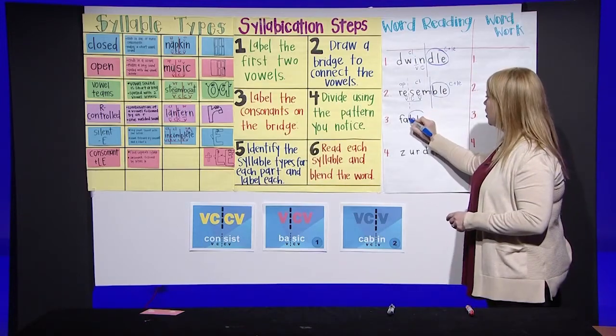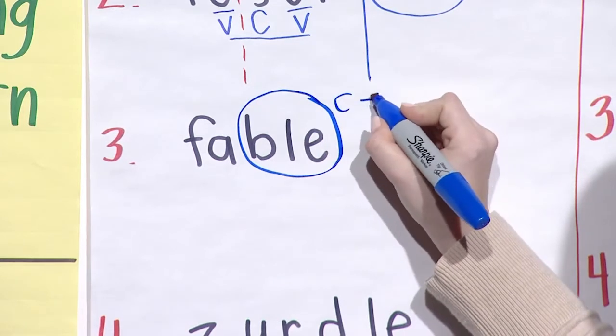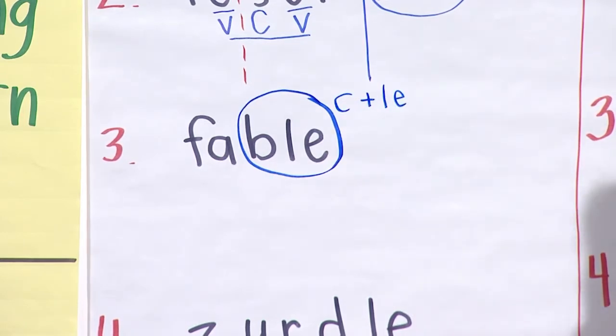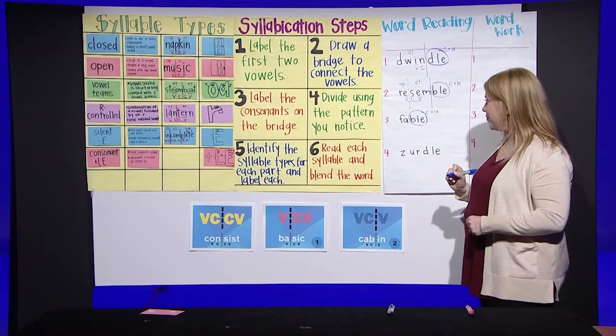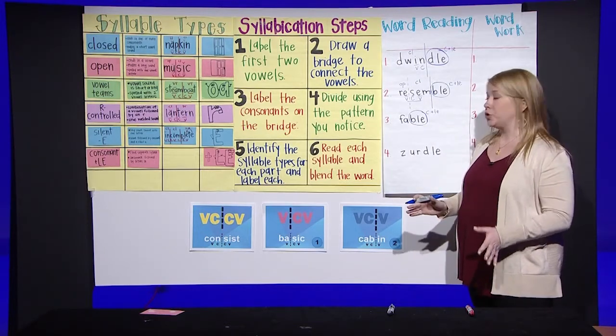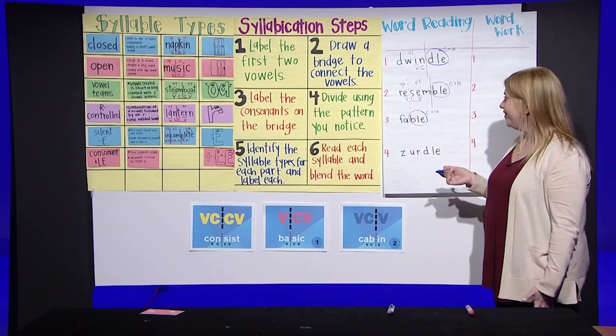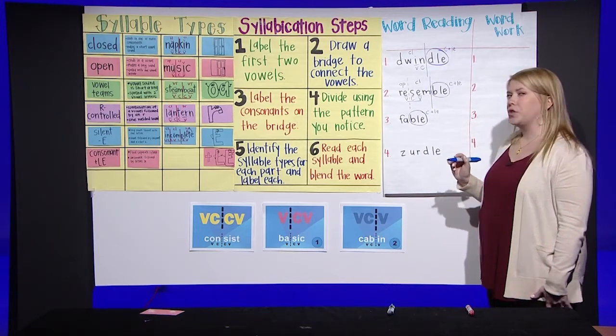So I'm going to circle it to make sure it stays separate. And I'm going to label it with C plus L-E so we can remember. Good job. All right, so let's start back up at the top at our steps just to make sure. What's the first thing we normally do? Very good. Identify the first two vowels.